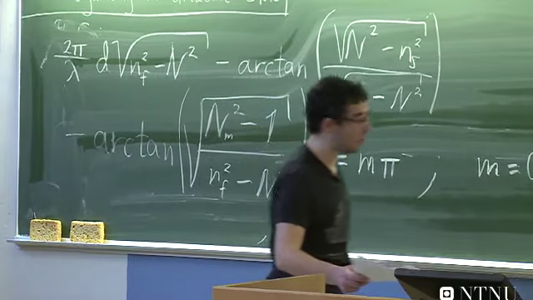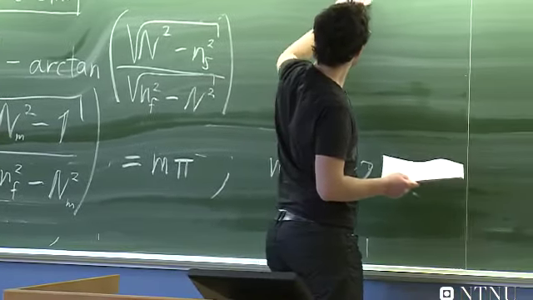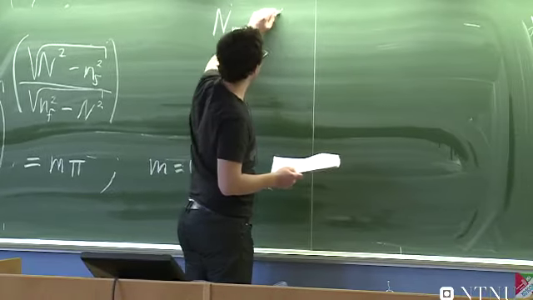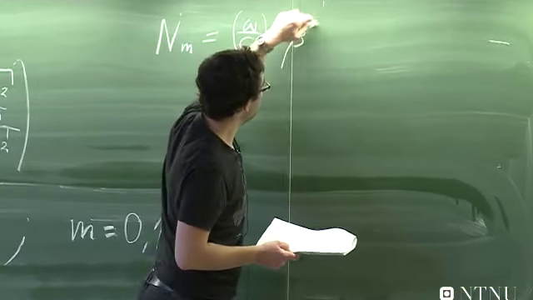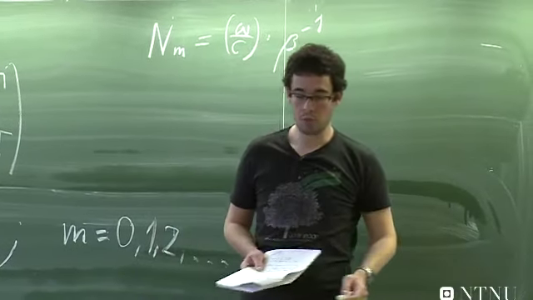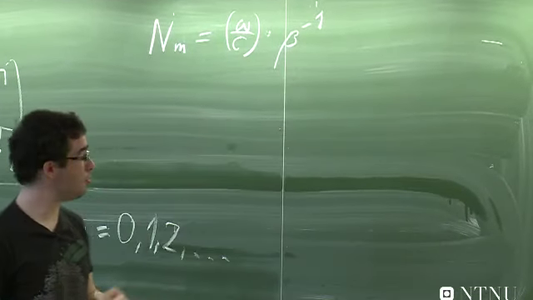And now, if you recall, Nm is omega over c times beta, to the minus 1, and beta was the wave number of the propagating wave.